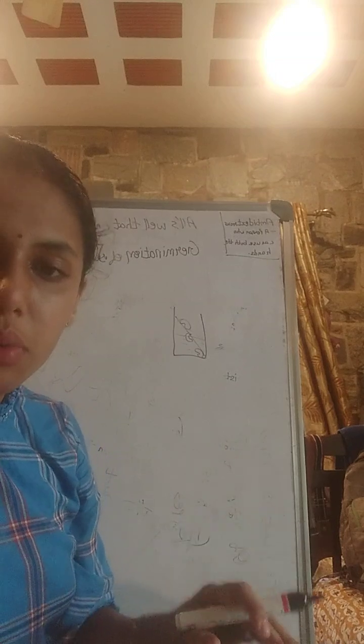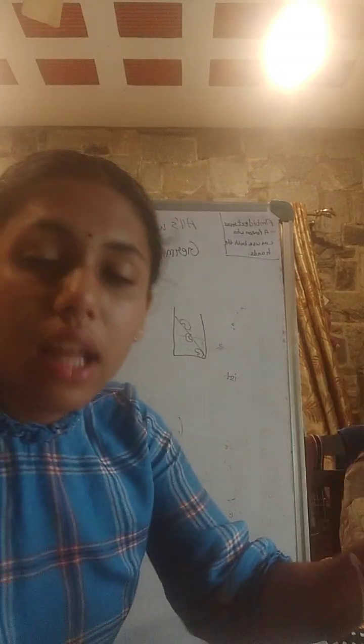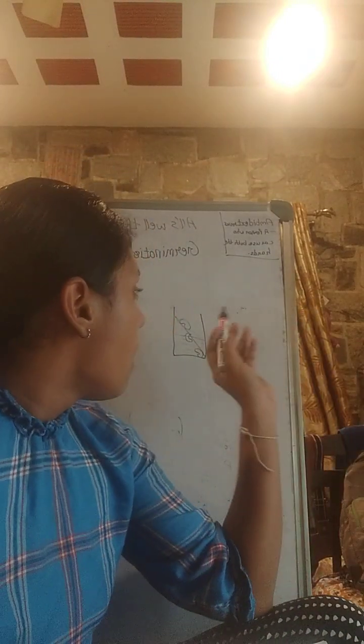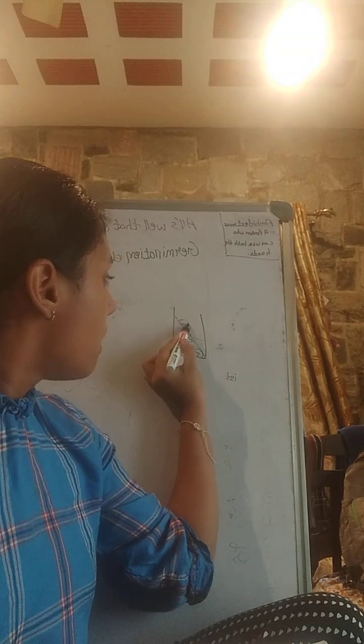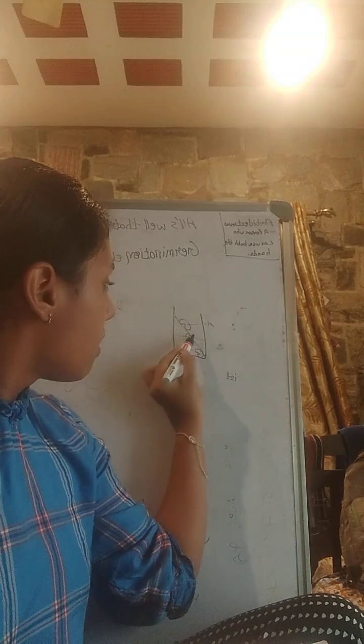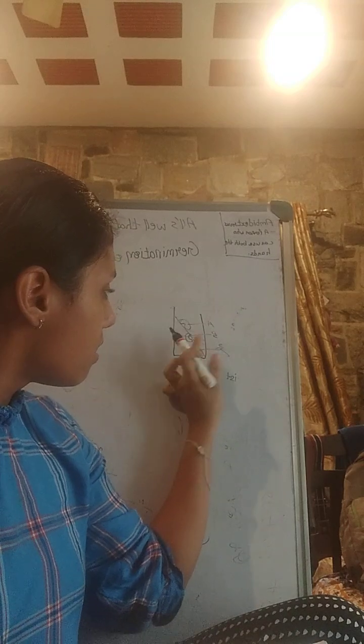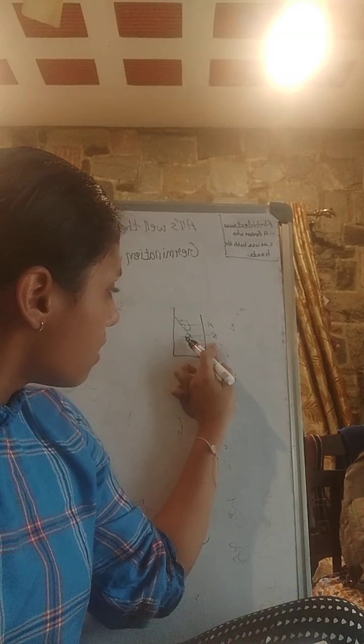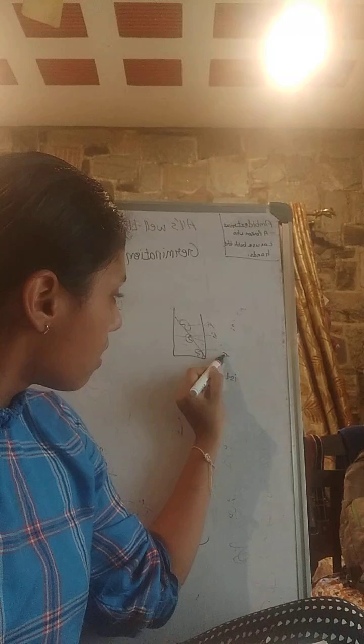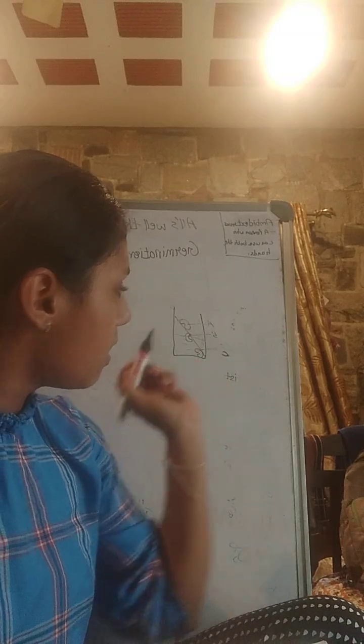What do you think, which one will germinate? So in the observation, let's name this A, this as B, and this as C.